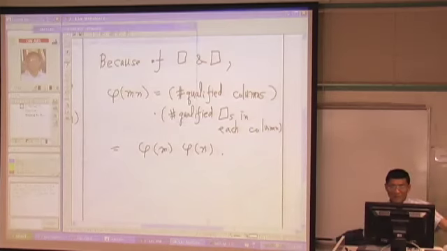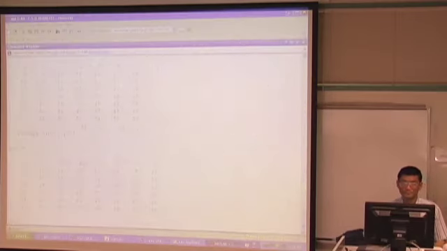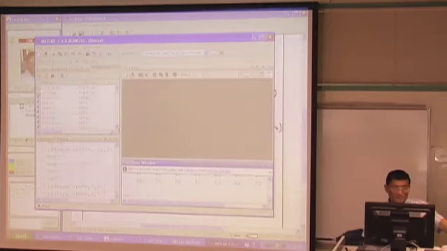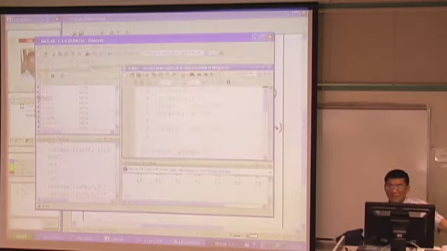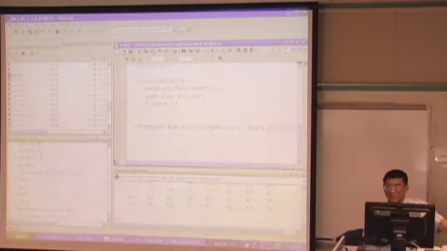So I will briefly show you my phi function. So as you can see, I will open the phi function that I created. And you can download these functions from my website. And as you can see, what I did was factoring, doing the factorization and then arranging it, and then I used the multiplicity.